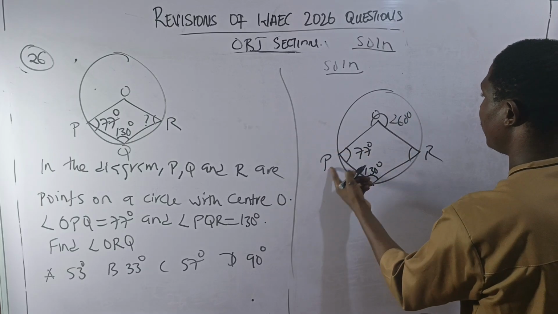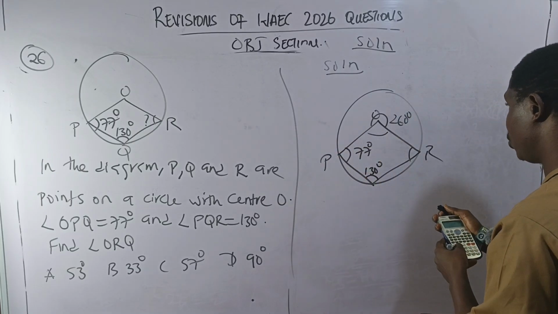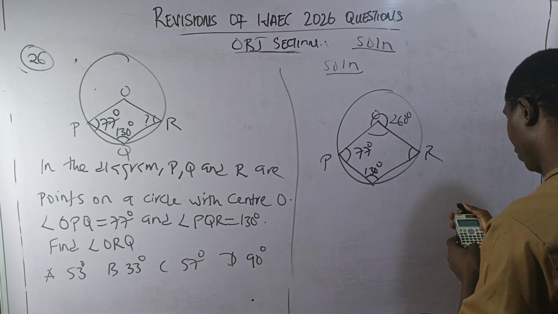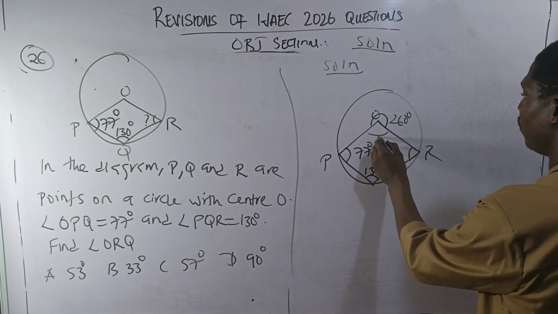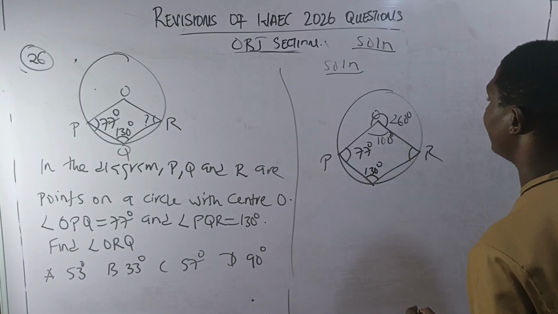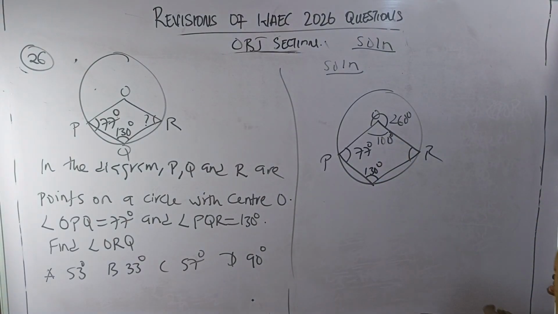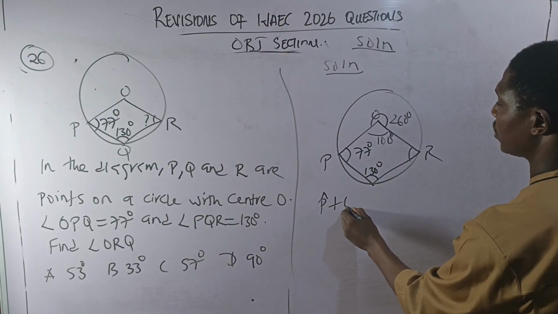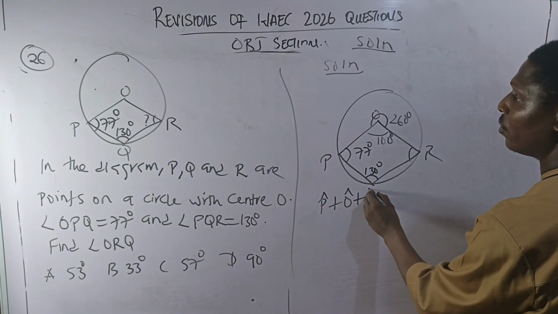And my angle POR therefore will be equal to 360 degree minus 260. And that will give me here to be 100 degree.